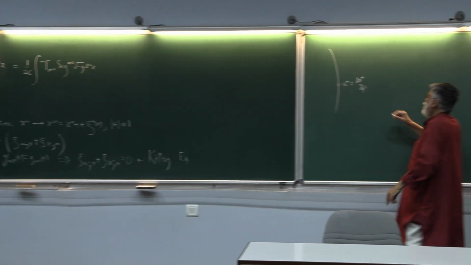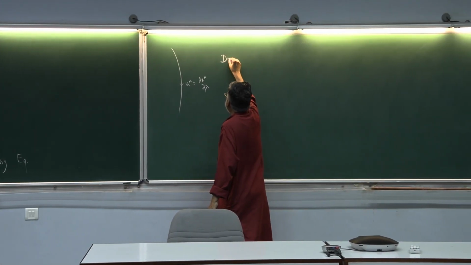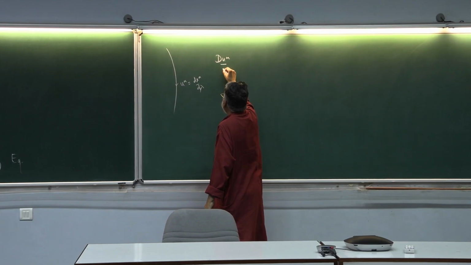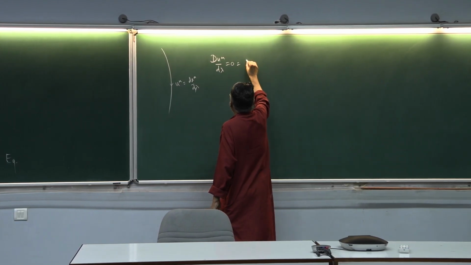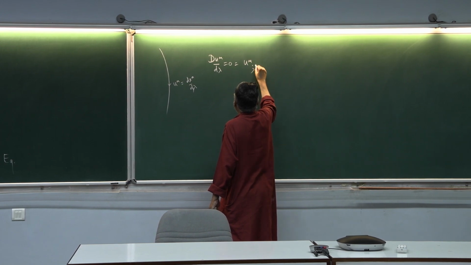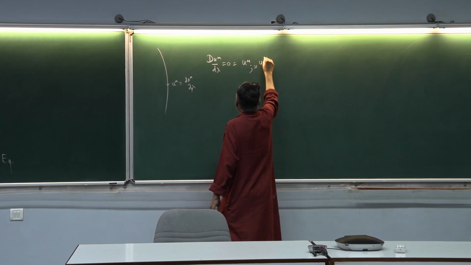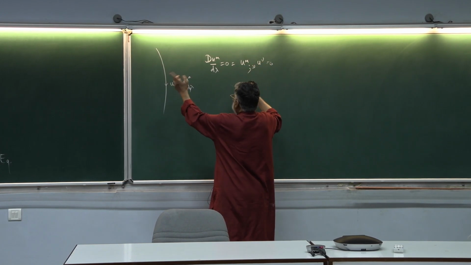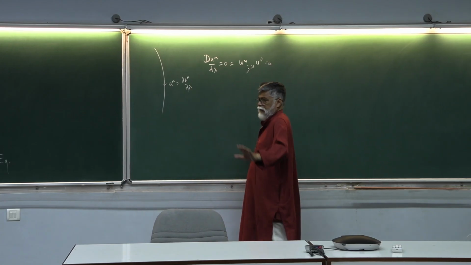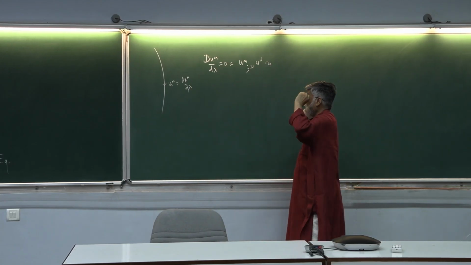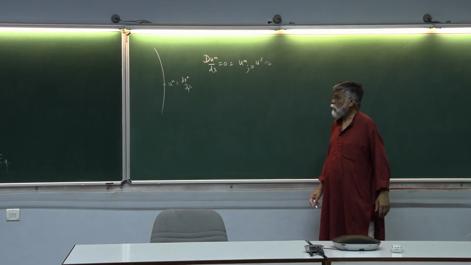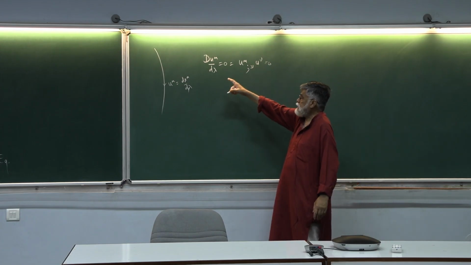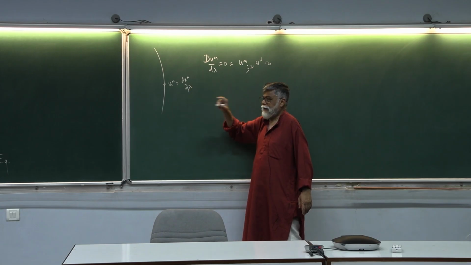That means d u mu by d lambda is 0, which is nothing but u mu semicolon nu u nu is 0. By the way, this is equivalent to the geodesic equation that we showed in one of the classes, except that u mu is the tangent vector dx mu by d lambda.